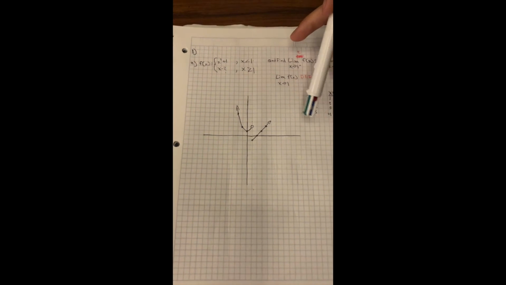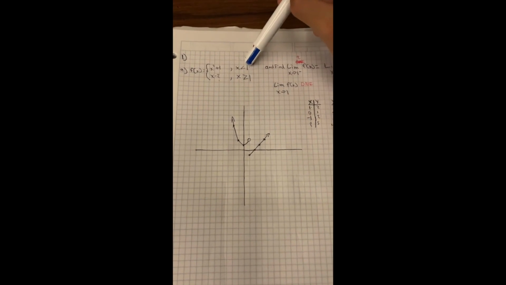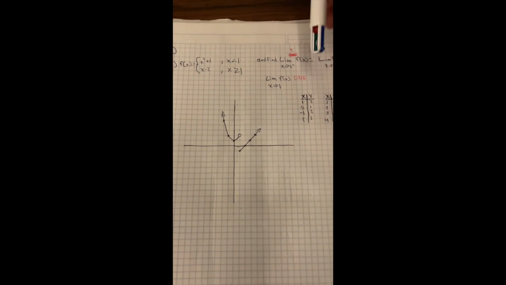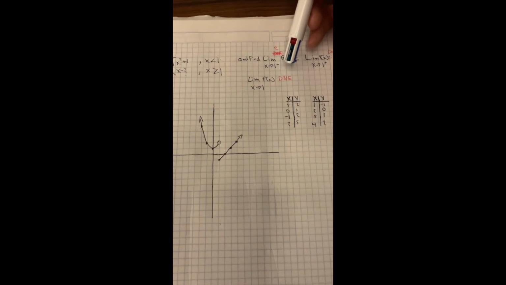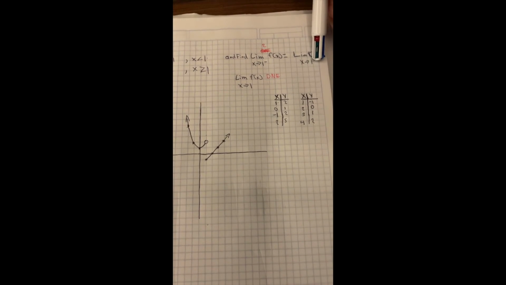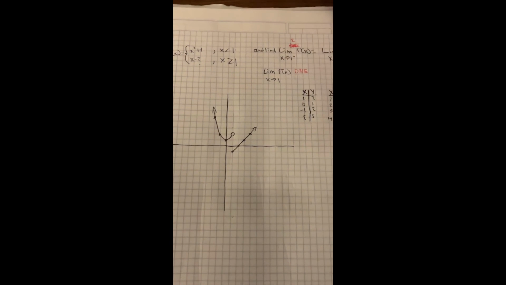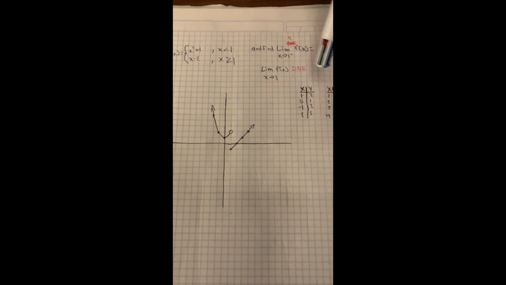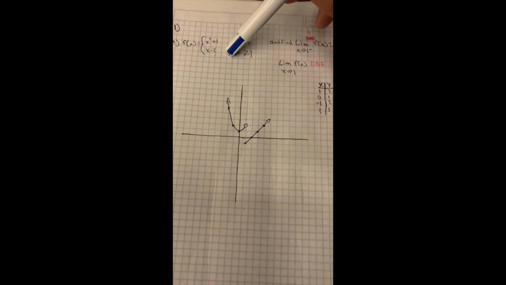This is problem 1a, and we need to find the piecewise function of this. And they tell us we need to find the limit when x approaches the negative side of 1, the positive side of 1, and when x approaches 1. So the first step is to make two charts for these two functions.